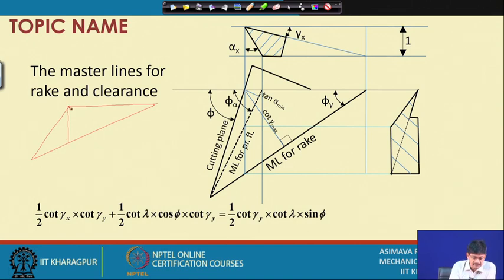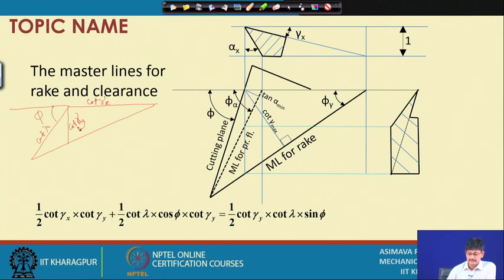So, what do we have here? We have here this to be phi, this to be cot lambda, this to be cot gamma x, and cot gamma y.